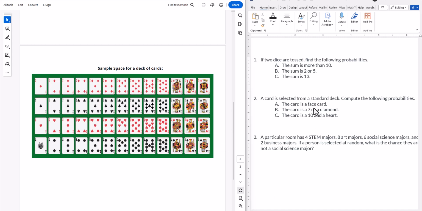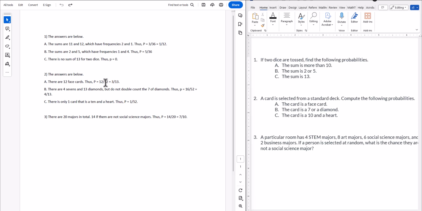Here they're asking for a face card. The face cards are the Jack, Queen, and King cards. So there's 3, 6, 9, 12. Thus, the answer is 12 out of 52 cards. That's going to reduce to 3 out of 13. And you could always reduce using a calculator. It performs that function for you.